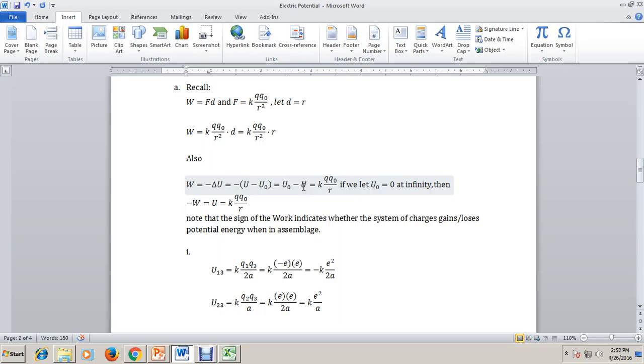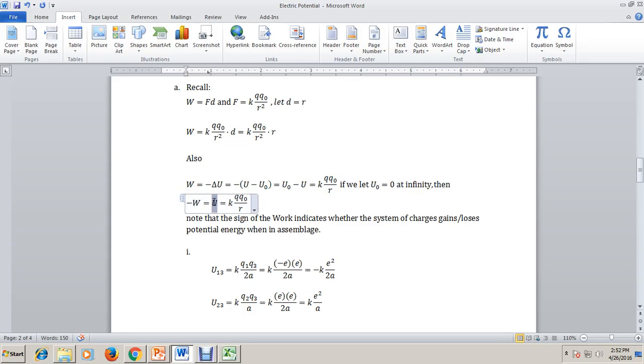Since the initial potential energy is 0, this becomes 0 minus U, so that means this becomes negative. If we transpose the negative sign to the side of the work done, W is equal to U is equal to K Q Q sub O over R.